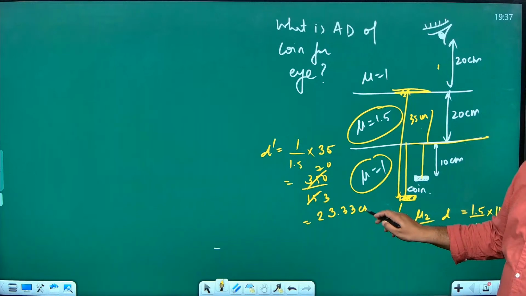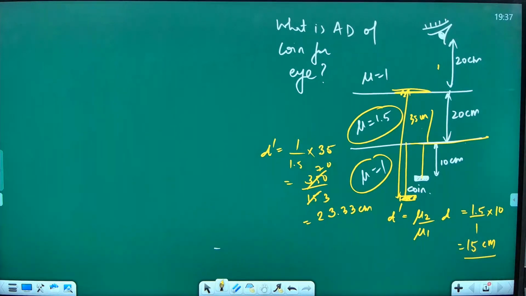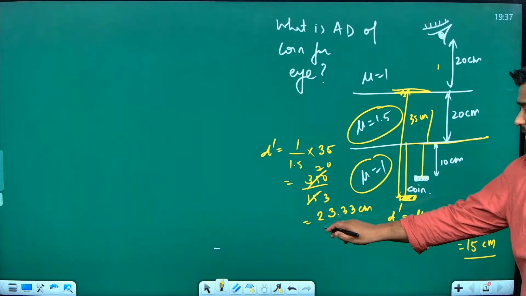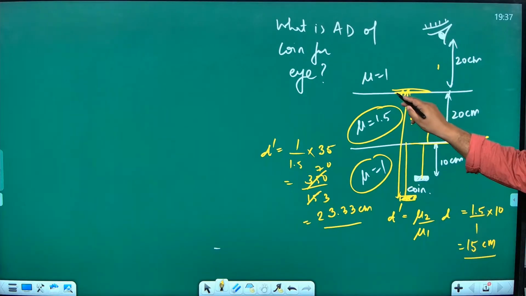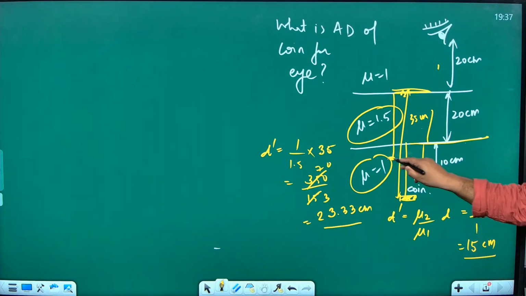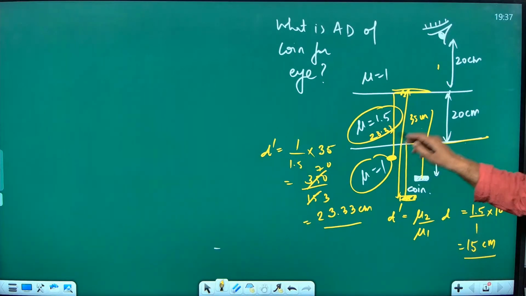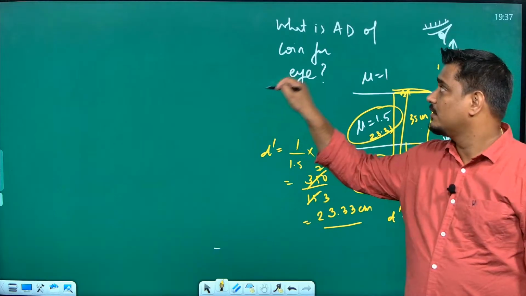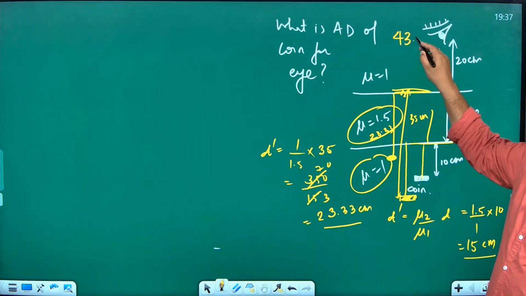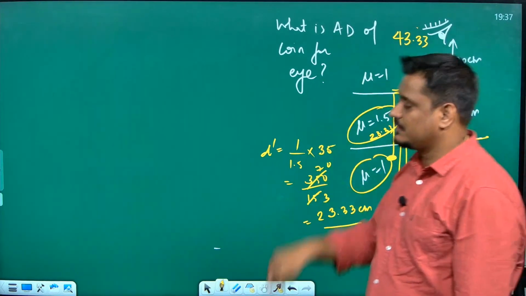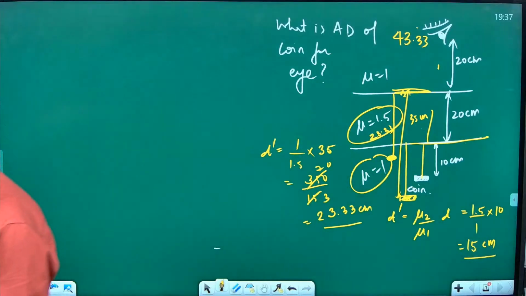Are you getting the same thing? Check. If you are, it means the coin's position is somewhere here, 23.33 plus 20. What is the answer then? 43.33 is the answer. Are you getting how it came?